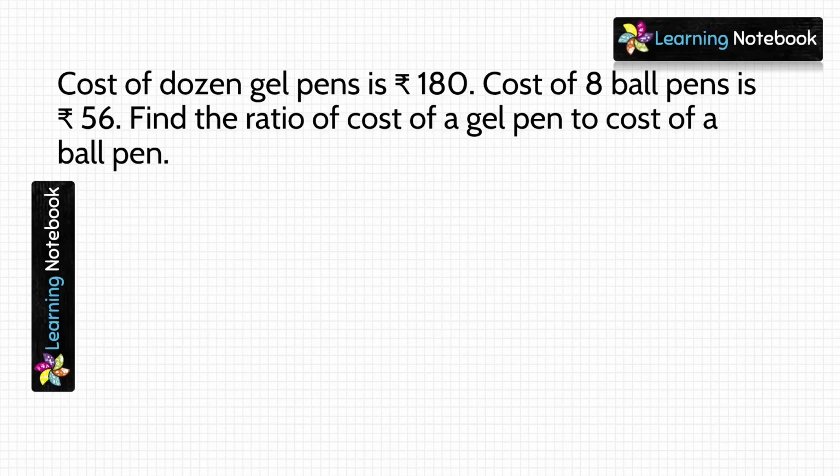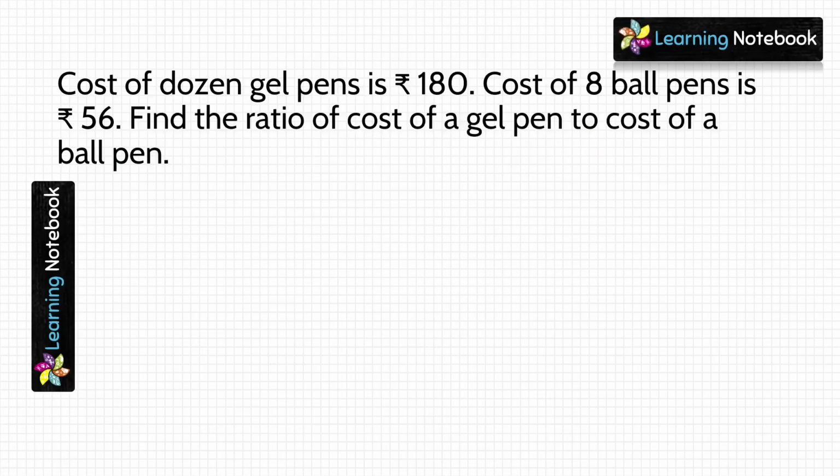So here students, we are given the cost of 12 gel pens and the cost of 8 ball pens, and we have to find the ratio of the cost of 1 gel pen to the cost of 1 ball pen.